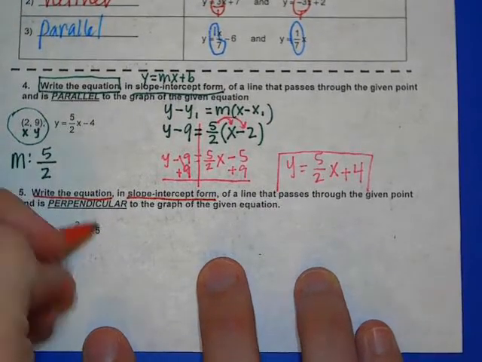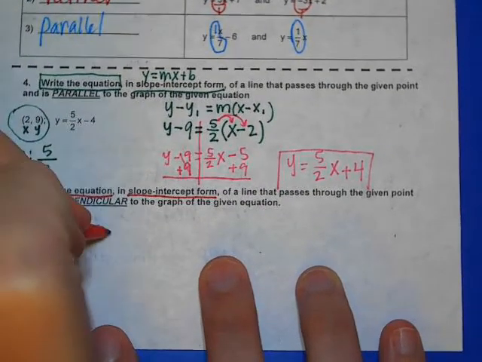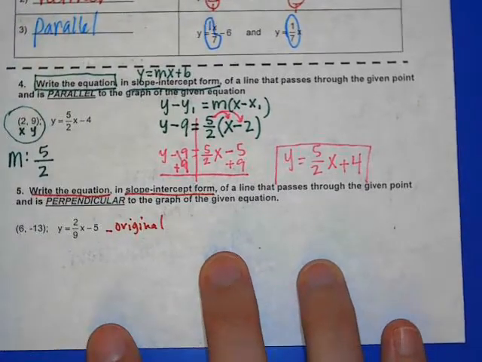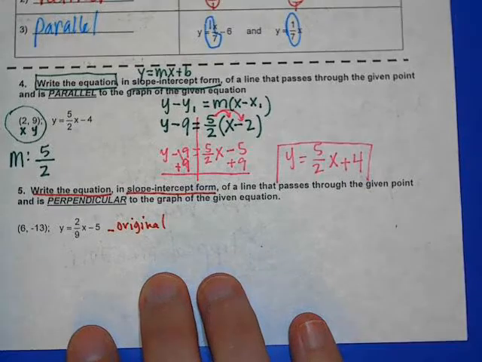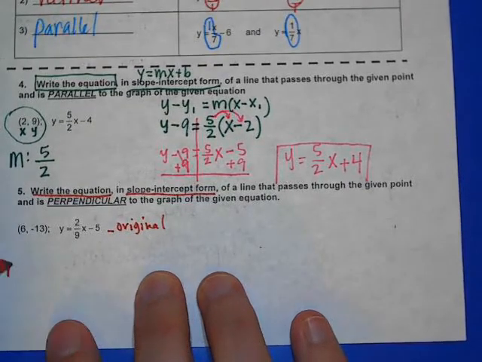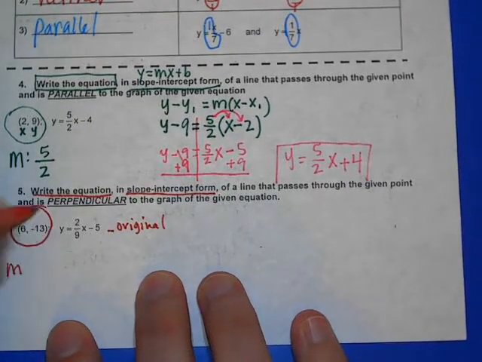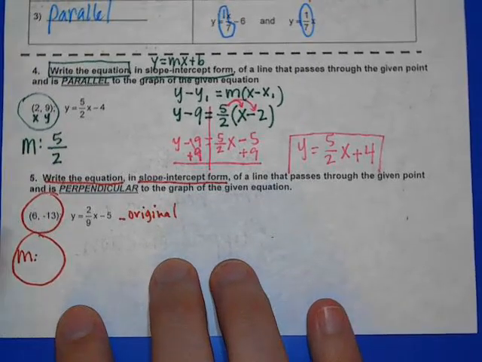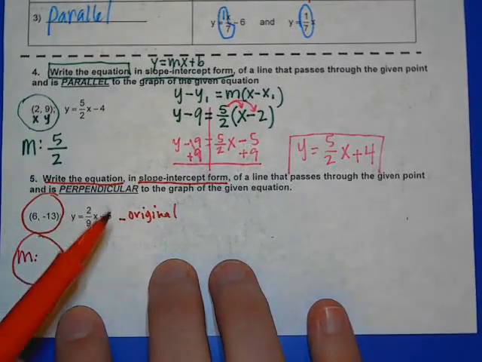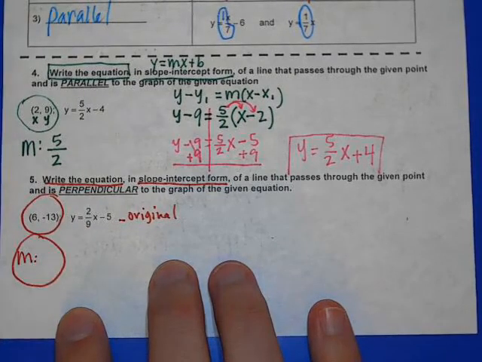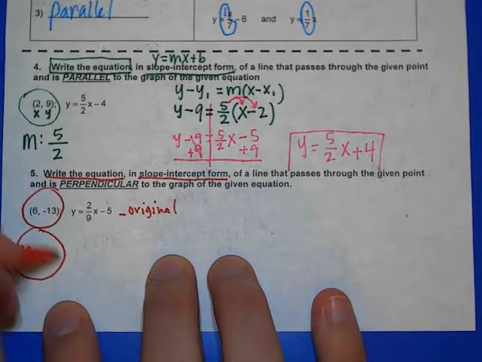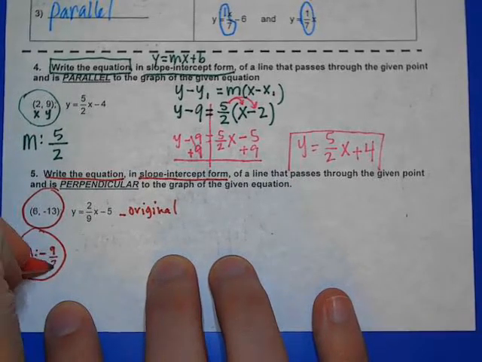So here's my original line. And I want a new line. So my new line is going to have this point and a new slope. All right, I want it perpendicular to this. What would be perpendicular? So switch the sign and flip the fraction of your slope.